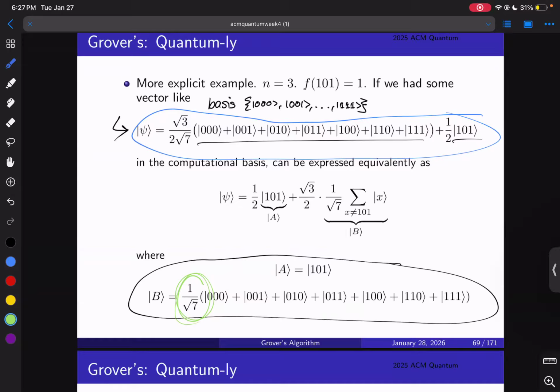If you were to have a different normalized vector, giving different weights to these vectors in B, you wouldn't be able to pull out the √7 as part of B. If you changed the weights of the kets in B, each vector would have an uneven weight. In general, that becomes more complicated to analyze, so this is the simplest case.